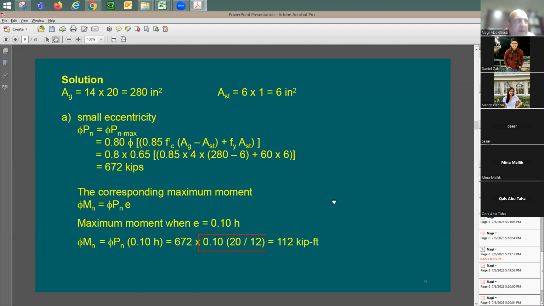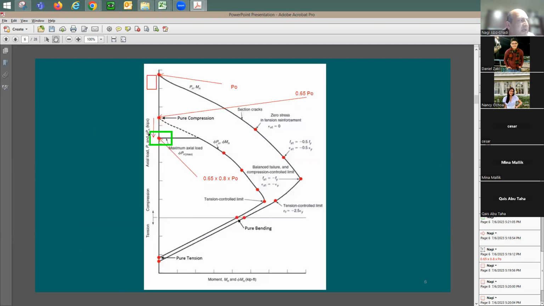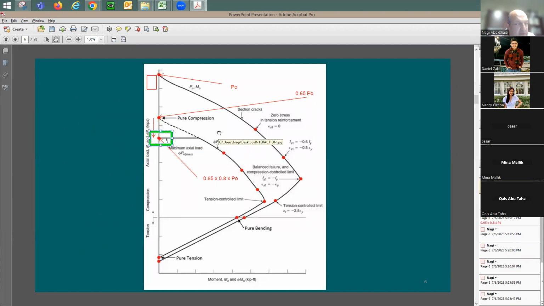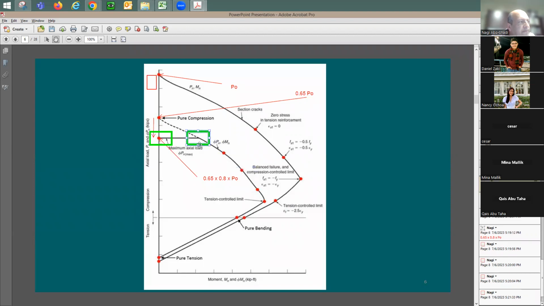Now I need to go back there on slide number 6 and show this. So I'm going to say, which moment are you talking about? I'm going to say axial load level is the same. So I'm actually talking about this point. Give you the amount of moment that you're talking about. Just give it from here to there. Also a vertical line that goes to this moment value.